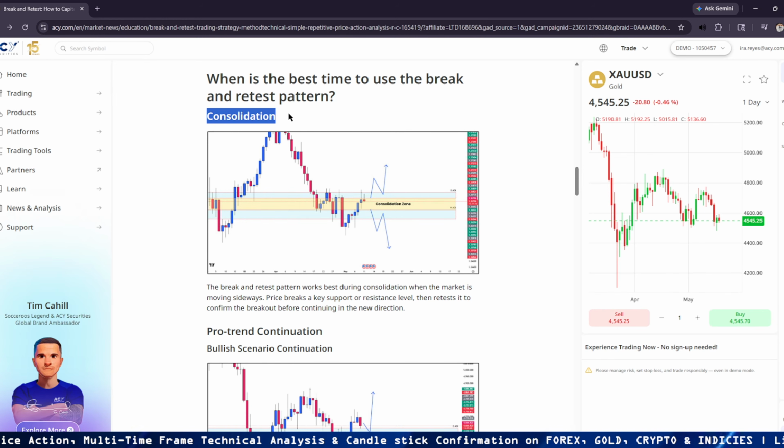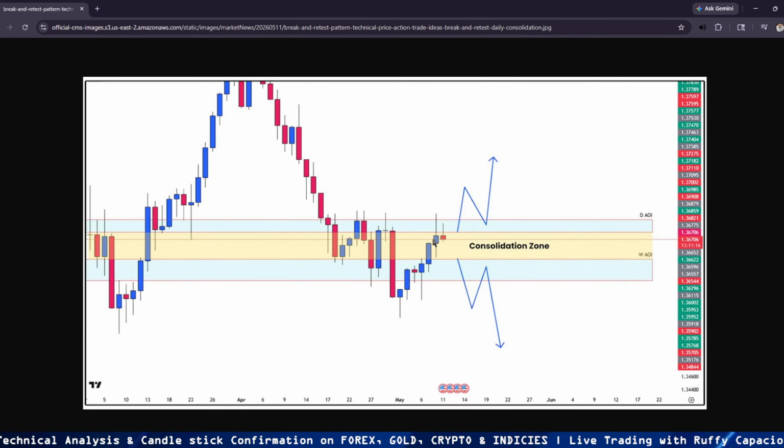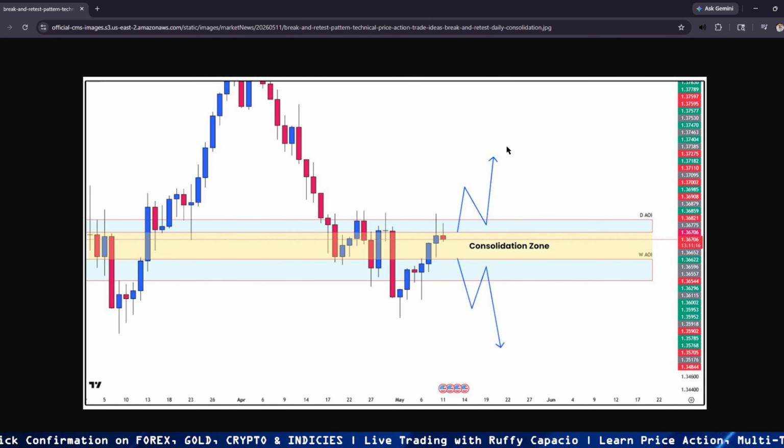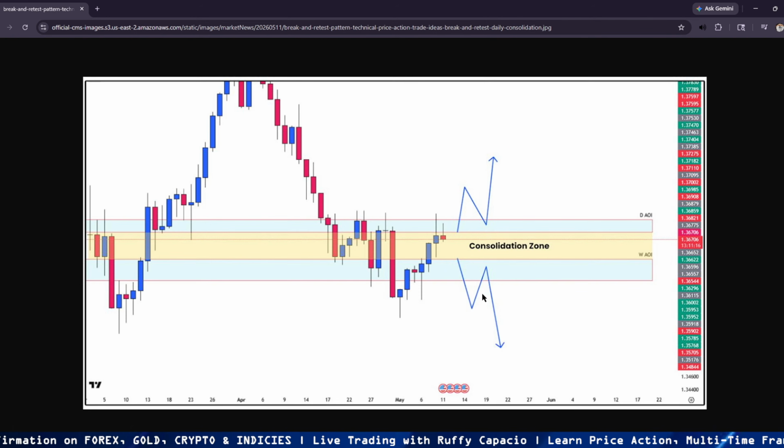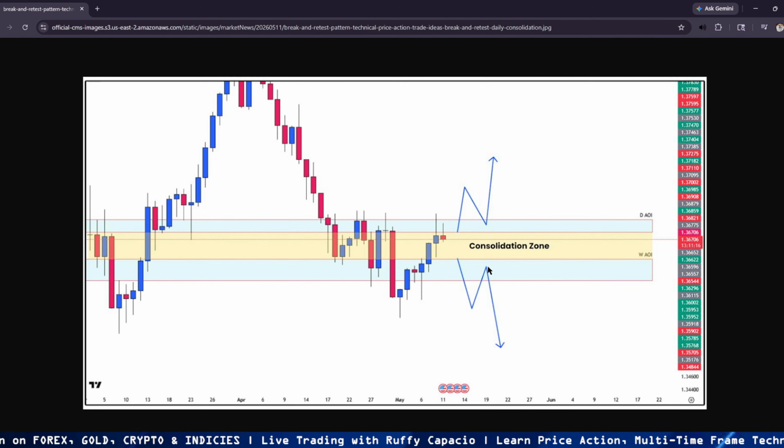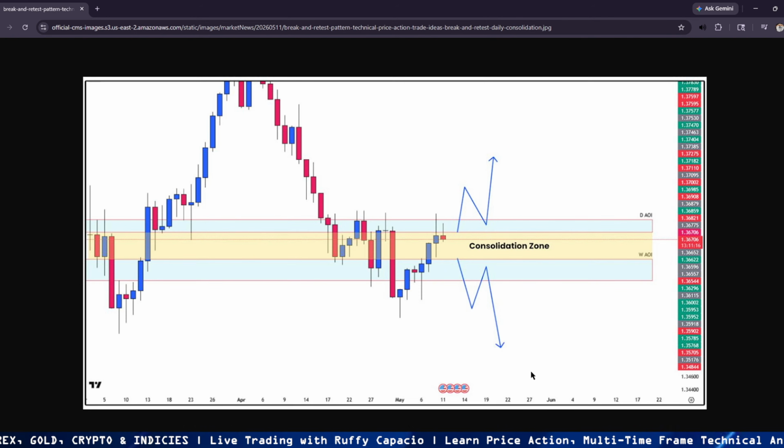I already explained that the current price action on gold is potentially entering a consolidation zone. As you can see on this example, right exactly in this area, entering a consolidation. Therefore, we will wait for the breakout either way, either this strong daily resistance level or this daily or weekly support level.